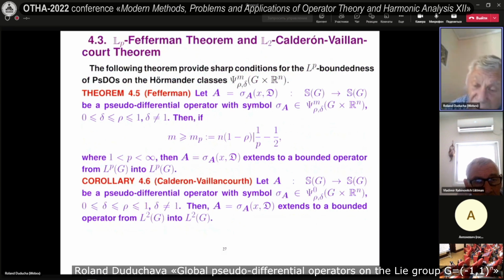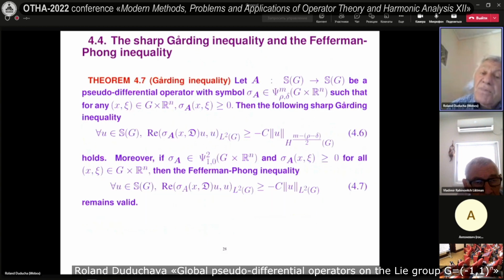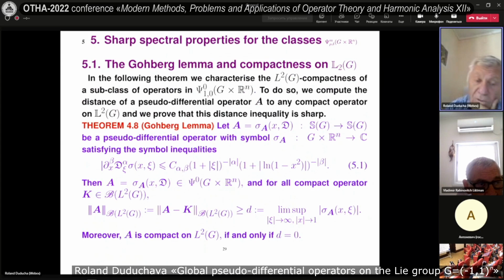The Gårding inequality we have here also, and the Fefferman-Phong inequality, and the Gohberg lemma. The Gohberg lemma states that the essential norm of the pseudo-differential operator is estimated from below by the supremum of the symbol. It is a complete analog of the result which was proved for the classical pseudo-differential operators. We get it here as well for our operators.